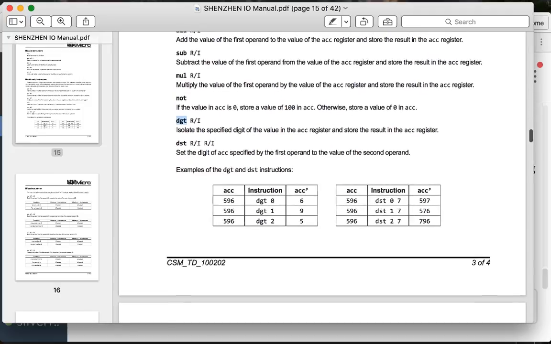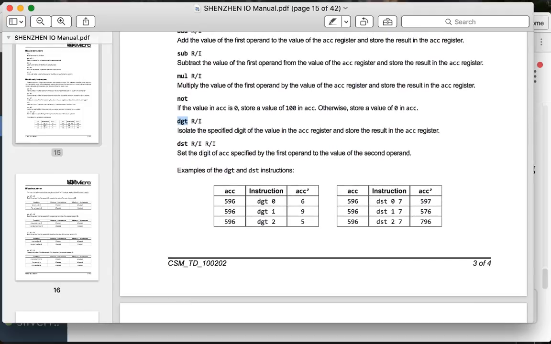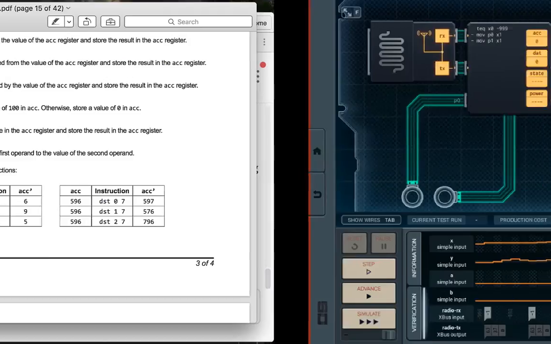Digit get, reads it out of ACK and then stores it into ACK? That's not real useful. I was thinking that we would like store it in DAT and then multiply it by the result of a digit get or something. But I guess there's not a lot of registers to work with, are there?